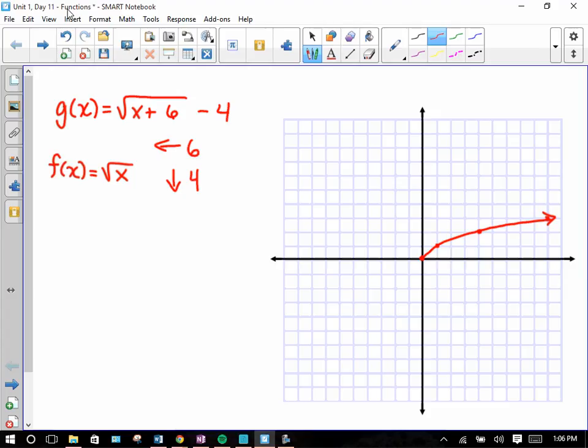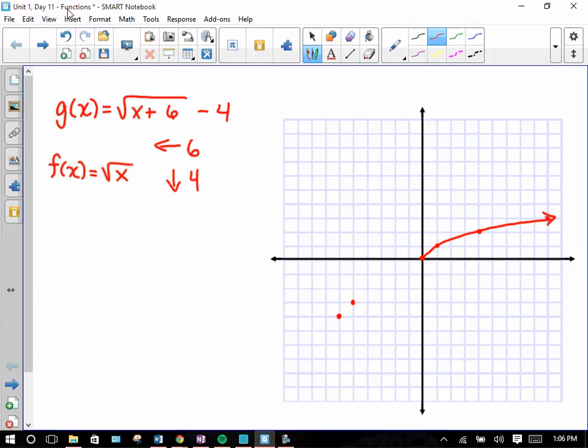So this point right here is going 1, 2, 3, 4, 5, 6 left. Down 1, 2, 3, 4. So it's going to give us a negative y value. This point moves down to here. This next point is now going to go left 6, 1, 2, 3, 4, 5, 6, then down 4, 1, 2, 3, 4.